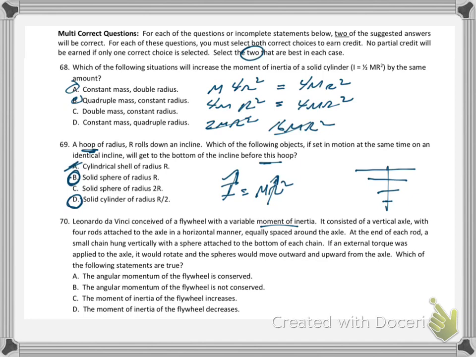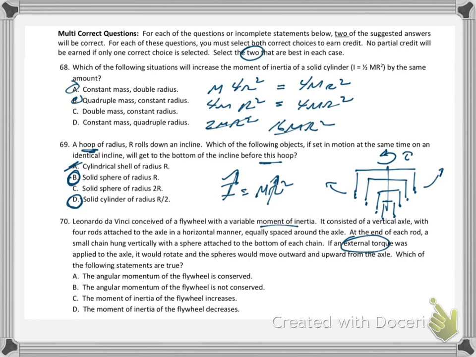At the end of each rod, a small chain hung vertically with a sphere attached to the bottom. If an external torque was applied to the axle, it would rotate and the spheres would move outward and upward from the axle. Which of the following statements are true?